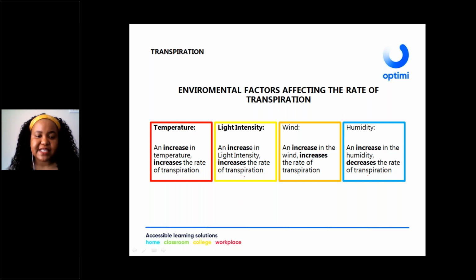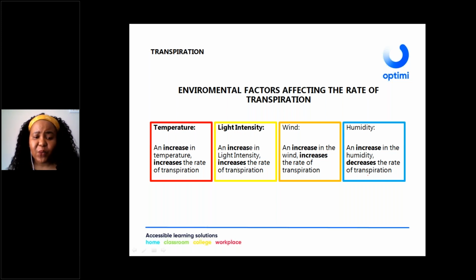which has the chlorophyll. I don't know if you remember chlorophyll from previous grades. Remember, the chlorophyll is that green pigment that traps sunlight for photosynthesis. That chlorophyll is found in the guard cells of the stomata of the leaves. So if there is more light, the stomata is going to open often.